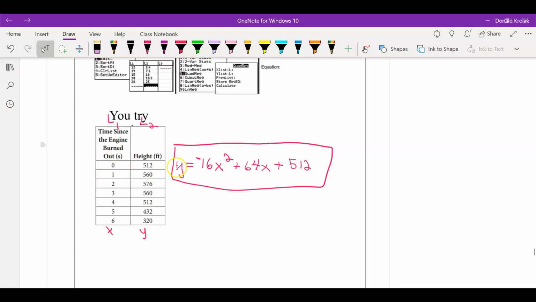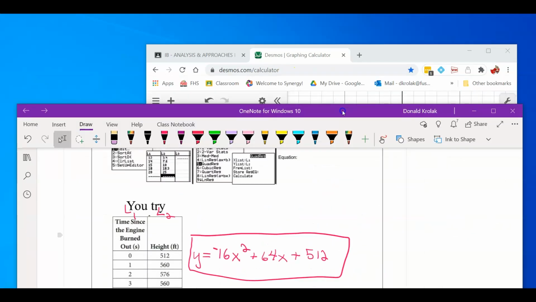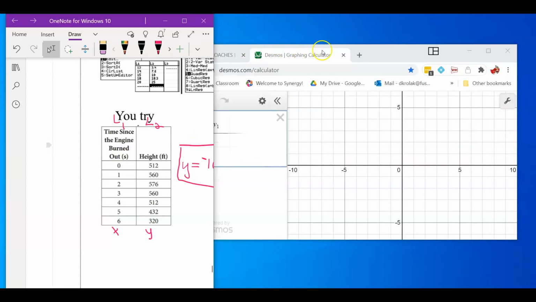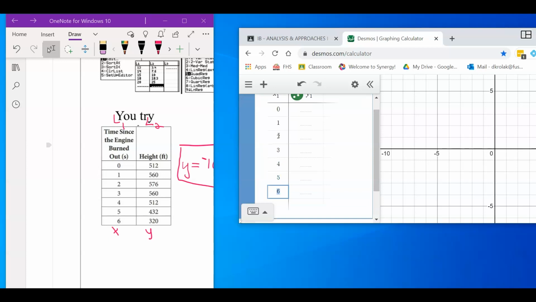You're going to type in this table again. 6, 7, 5, 12, 4, 32.